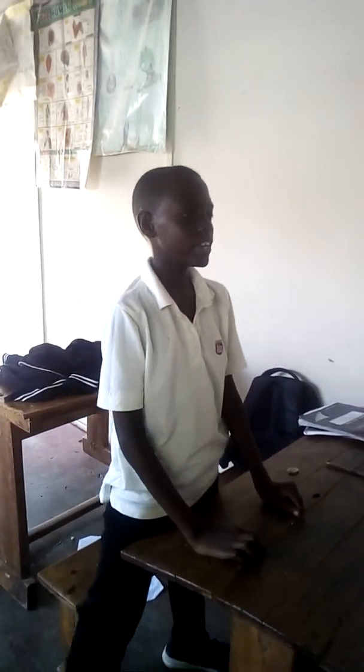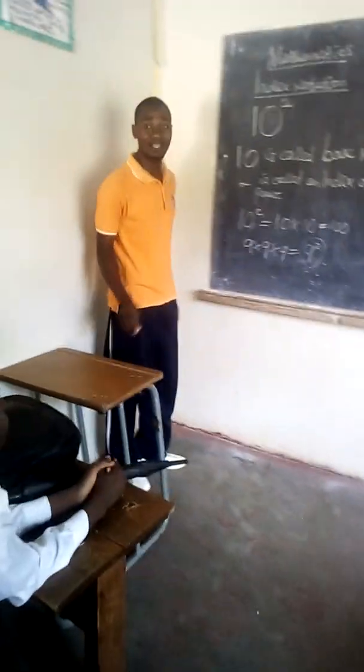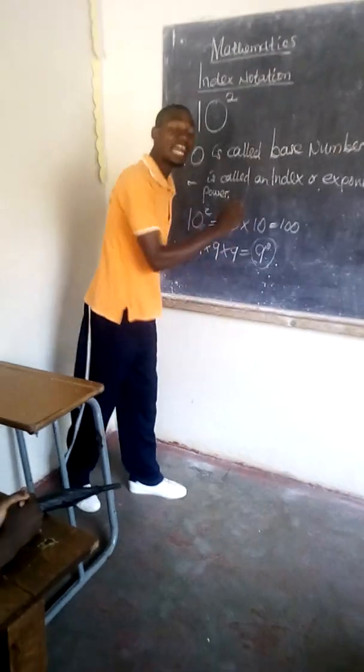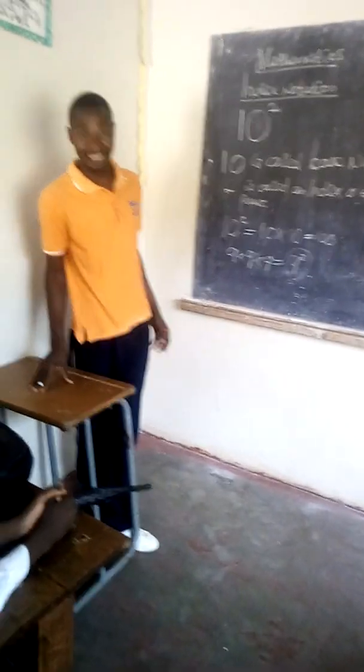9, but the power 3. 9 to the power 3, or 9 cubed. This answer, 9 to the power 3, is called an index notation.